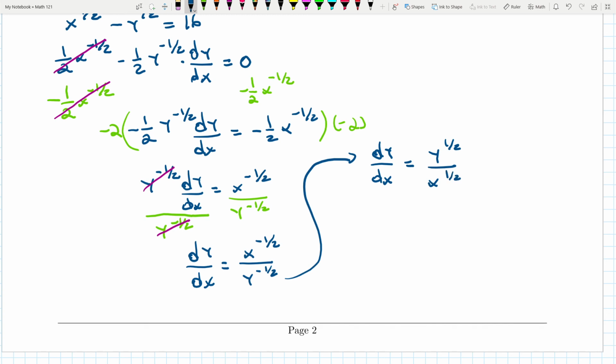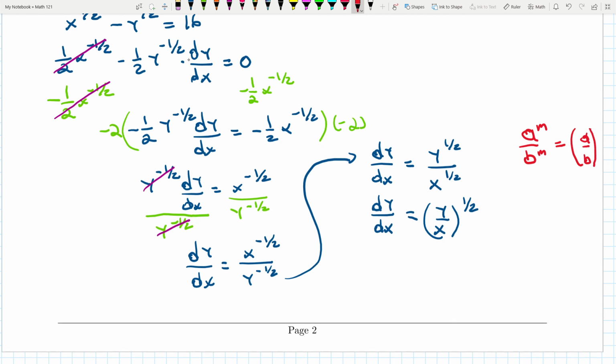All right, now we can simplify this a bit further. Of course we can. Notice that both y and x contain the same power, that is 1/2. That is going to be y over x, the whole thing to the 1/2, by the following property or law of exponents: when you have a to the m over b to the m, that is a over b, the whole thing to the m power.